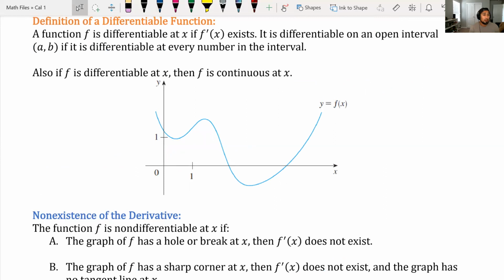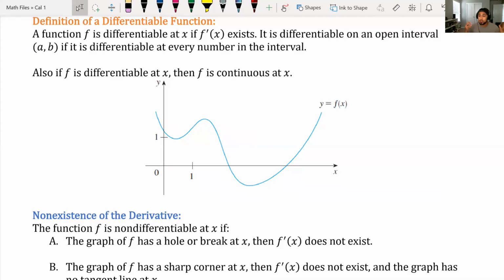Okay. Definition of a differentiable function. A function f is differentiable at x if the derivative exists. It is differentiable on an open interval (a, b) if it is differentiable at every number in the interval. Also, if f is differentiable at x, then f is continuous at x. So basically, to have a derivative, you must be a continuous function.